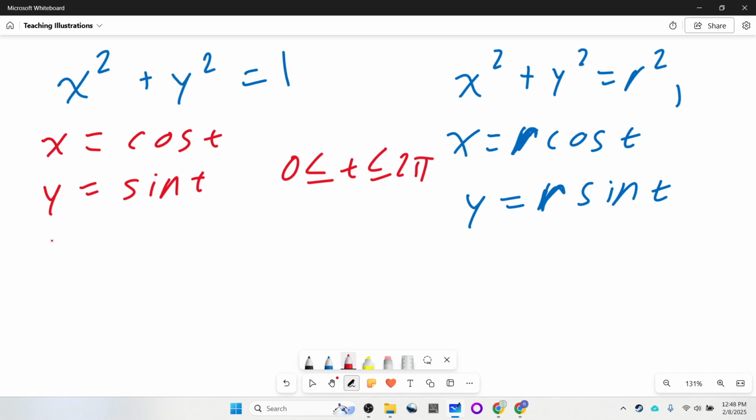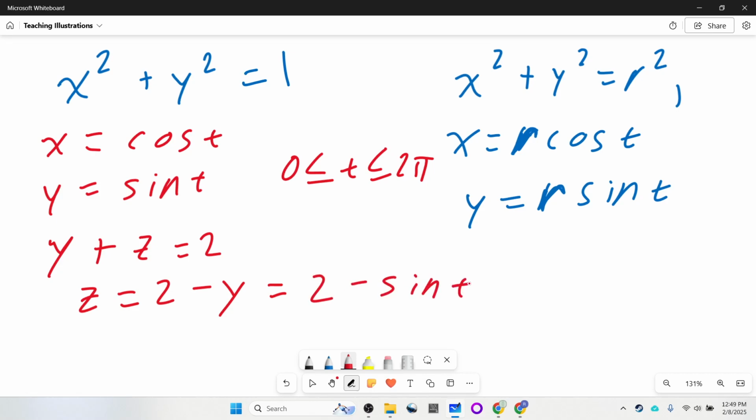Now what about z? Well, we were given y plus z equals 2. So then z equals 2 minus y. But we've said y is sine of t. So z would be 2 minus sine of t. When you're making a curve, you only want there to be one variable, t. That's called your parameter.